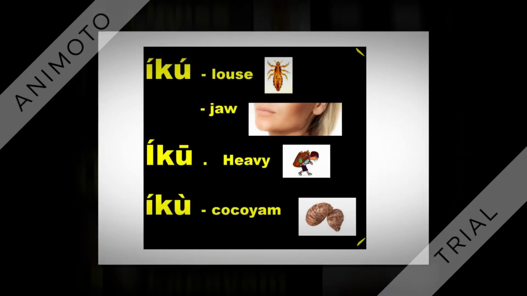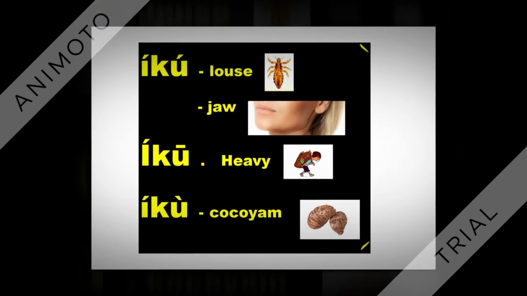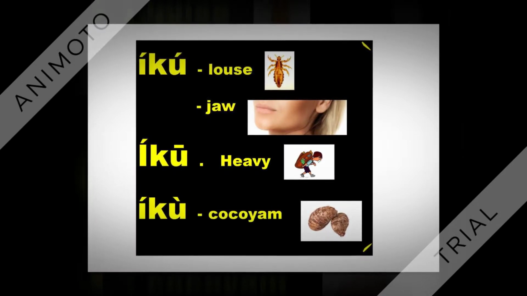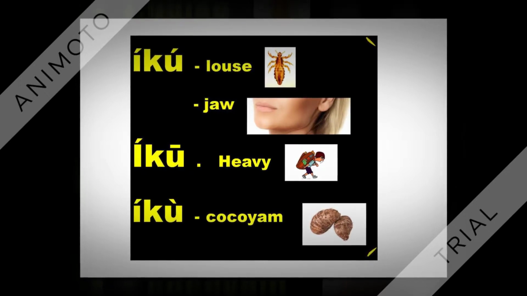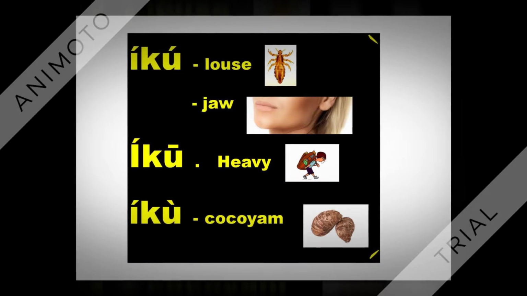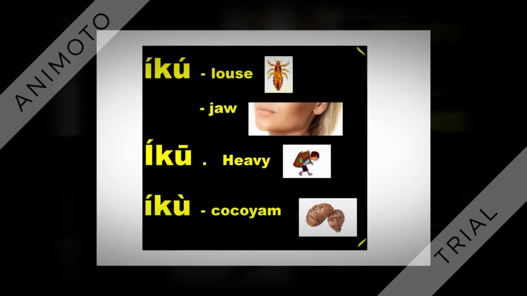The next we will look at is IKU. I have about 4 of them that are spelled in the same way. 2 are pronounced in the same way, and the other 2 are pronounced differently.